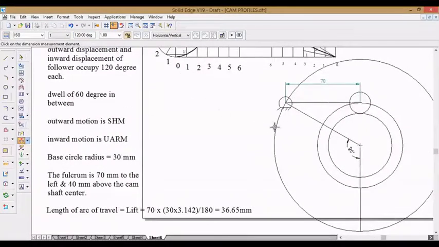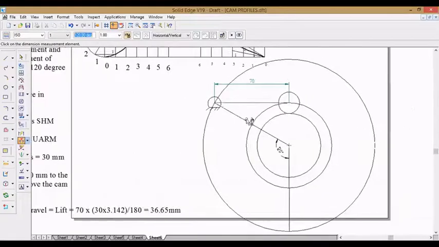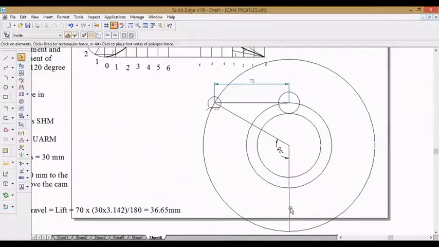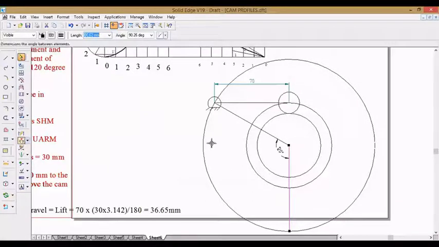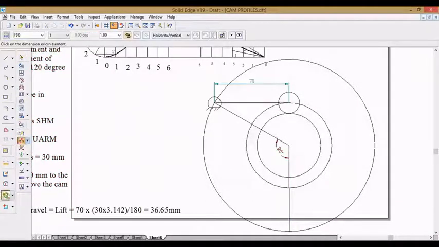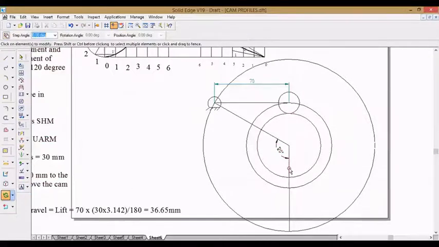You need to start the angle from the line joining the fulcrum center to the cam center, 120 degree. Then dwell 60 degrees there. So take this line and rotate this line.